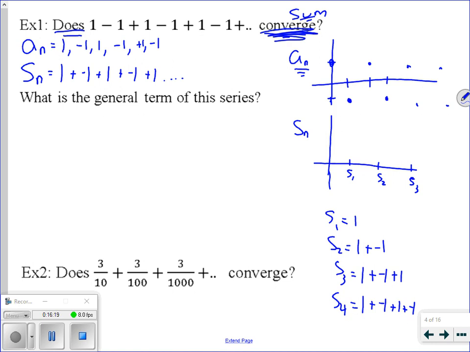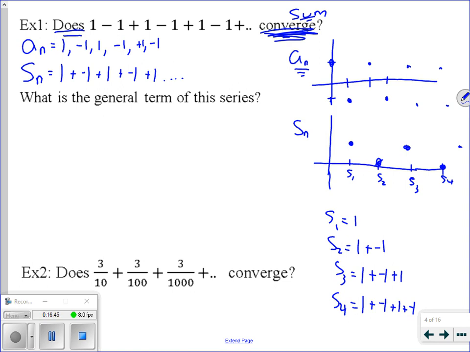So if I were to plot those partial sums, S1 is 1, S2 is 1 plus negative 1, which is 0, S3 is 1 plus negative 1 plus 1, which is just 1, S4 is 1 plus negative 1 plus 1 plus negative 1, which goes to 0. In fact, the infinite sum oscillates between 1 and 0.